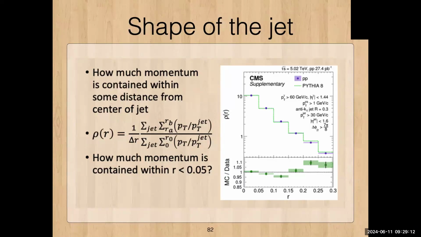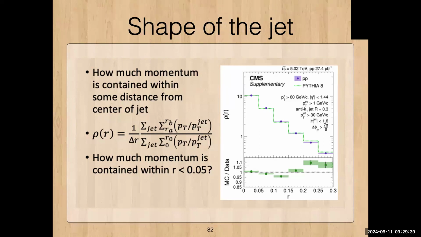Now, how about the shape of the jet? Here we can measure how much momentum is where. So we take a look at a jet, we look at the distance to the jet center, and we measure how much momentum there is as a function of R. Like how much momentum is within R 0 to 0.05, 0.05 to 0.1, and so on. Okay, and this is the result. This is self-normalized, normalized to 1.